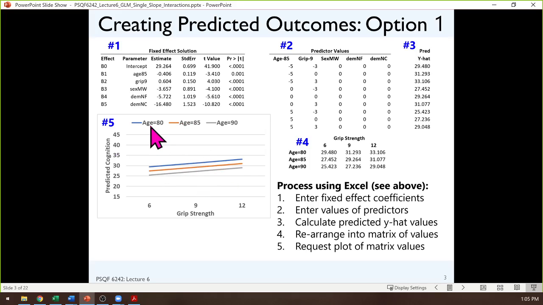And so the effect of age in this picture is shown as the vertical distance between the lines. So moving up and down the y-axis, the people who are youngest, the 80-year-olds, are predicted to have higher scores than the 85-year-olds and then the 90-year-olds. So the negative effect of age is shown by the gaps between these lines on the y-axis. The positive slope for grip strength is shown by the slope of the line on the x-axis.